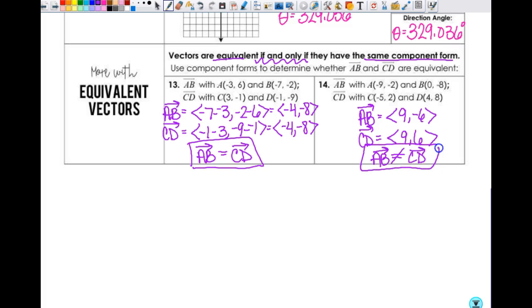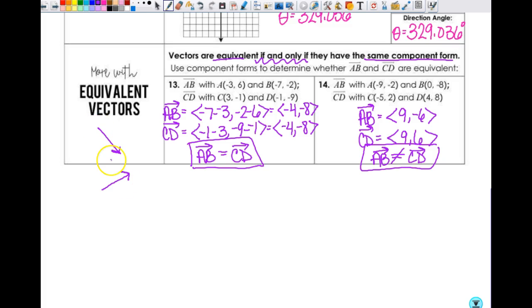Then earlier I had somebody ask me, okay, does that mean then that these are opposite vectors? So are these opposite? Vector AB, that 9, negative 6, is going to be directed this way. CD, which is 9, 6, is directed this way. They do have the same magnitude, because if I put it in magnitude form, I'm going to get the same thing.